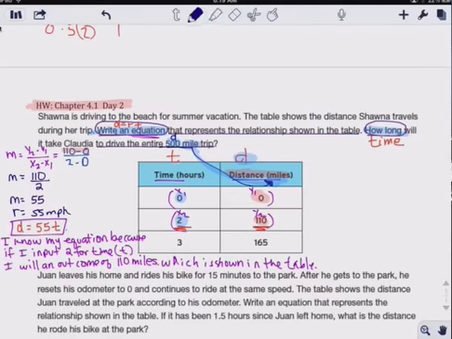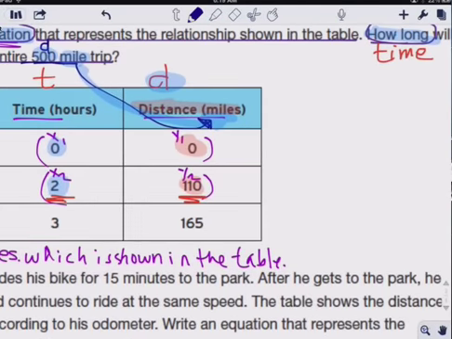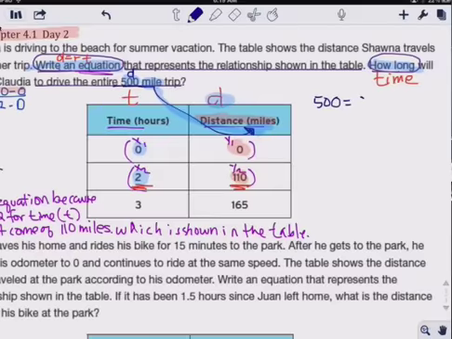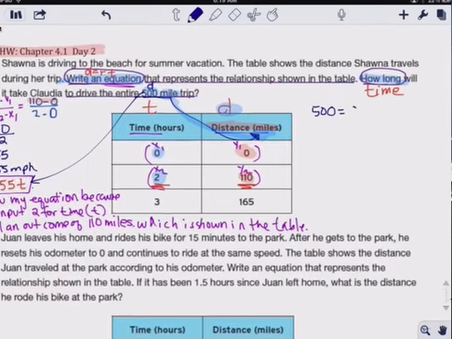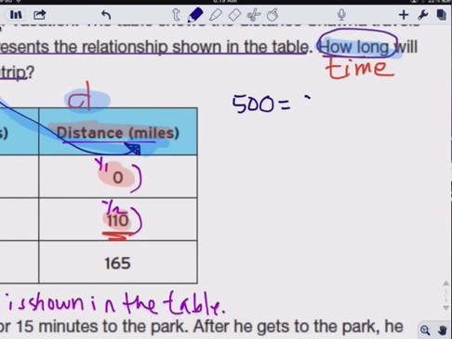Okay? So you got 500 equals 55T. You substitute that back into here. 500 equals 55T. And they ask for T, time, right there.